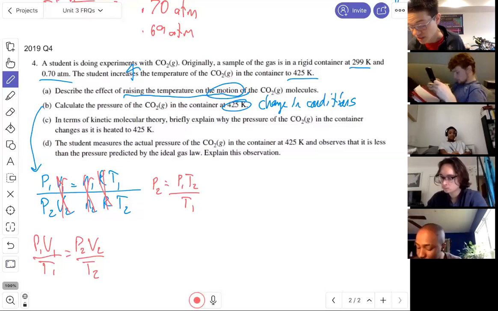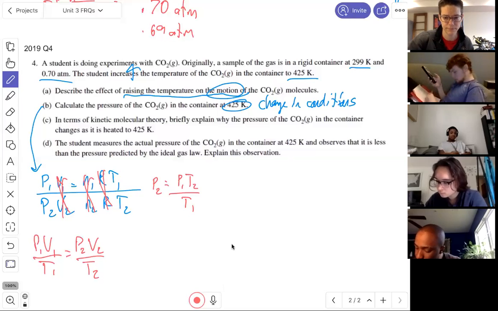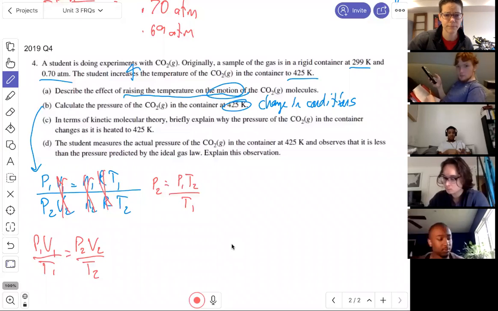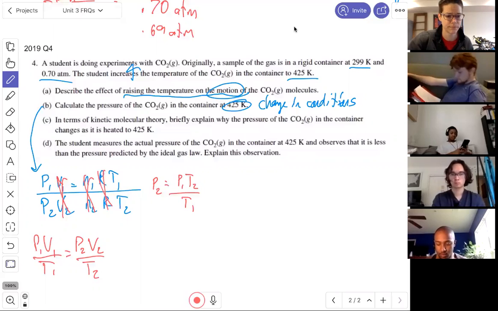Your temperature's already in Kelvin, so that's easy. I think this is actually one of the much easier units to understand, though.